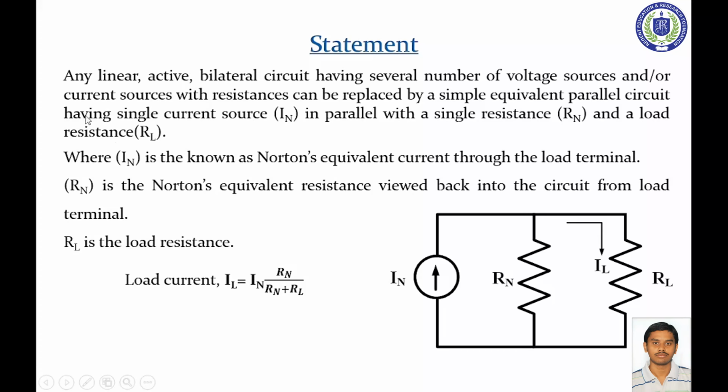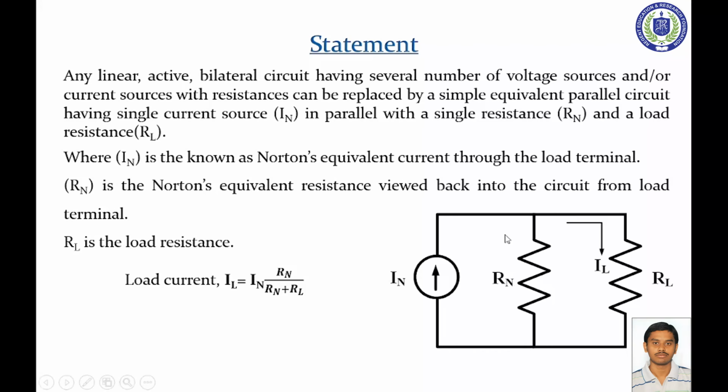So our statement is: any linear active bilateral circuit having several voltage sources and or current sources with resistances can be replaced with a simple equivalent circuit having a single current source, the Norton's current, in parallel with a single resistance, the Norton's resistance, and a load resistance.